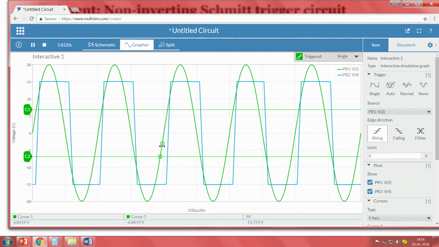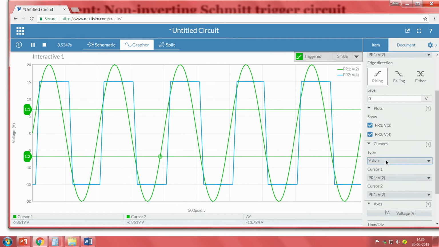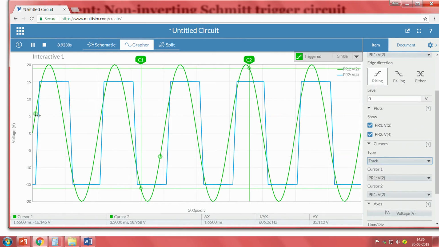Now, observe, when the input is greater than this particular value, it started moving towards this value, is it not? Observe, or track, I will see where the input is.